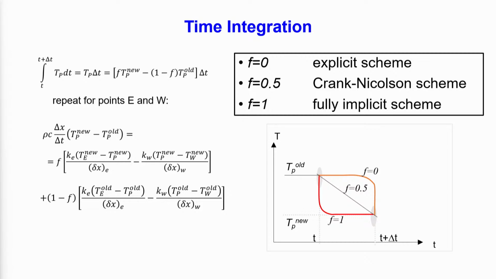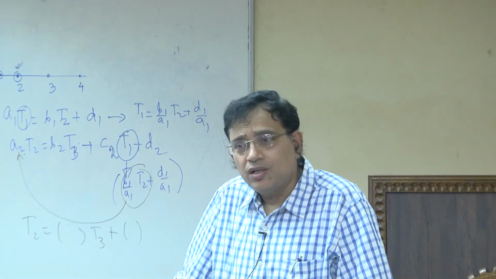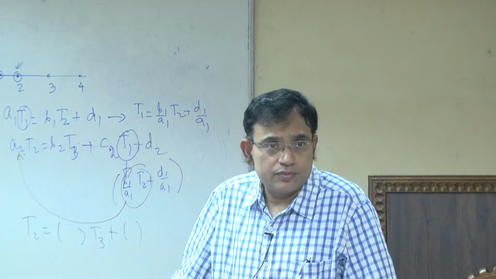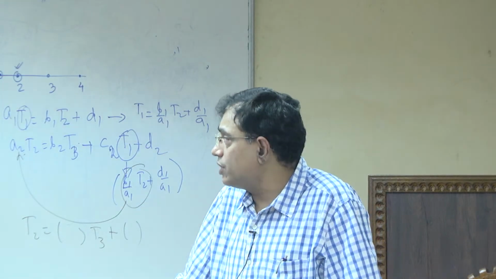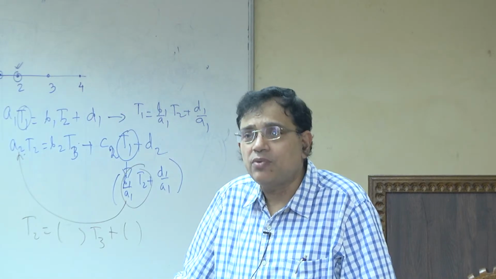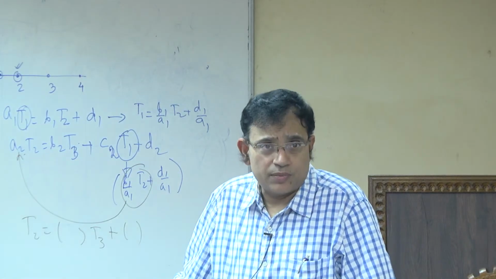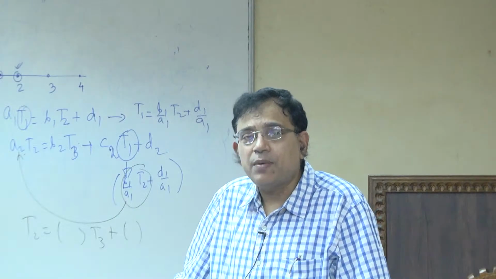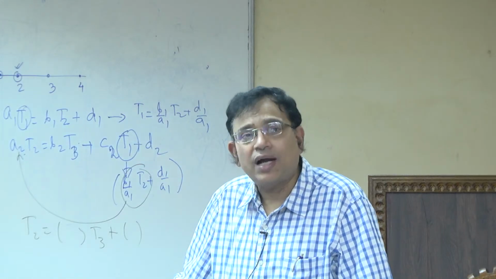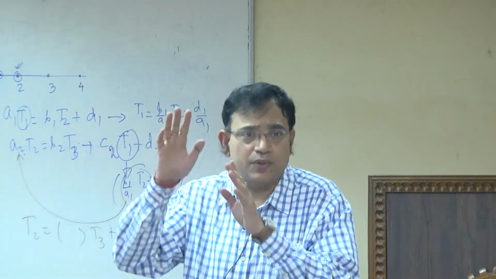So f equal to 0 means the result of the time integration depends on the value only at the beginning, and f equal to 1 means the result depends on the value only at the end of the time step. Conceptually, over the entire time step the temperature is primarily decided by the value either at the beginning or the end of the time step.